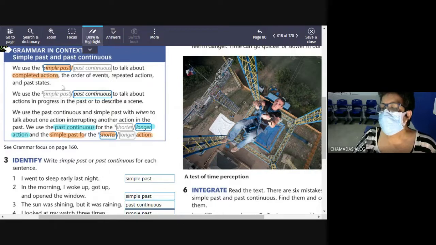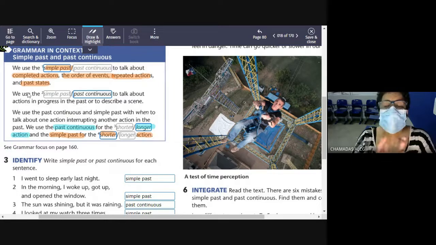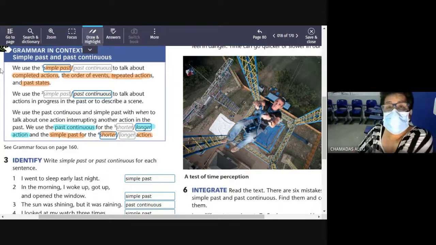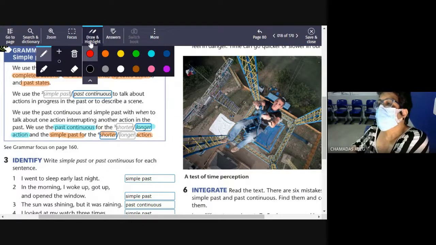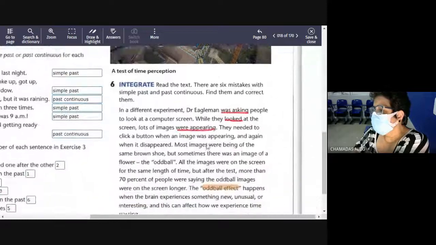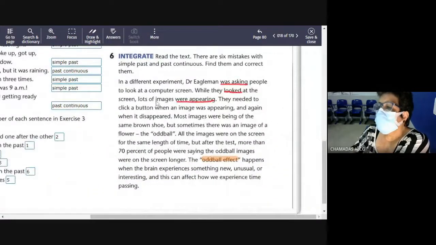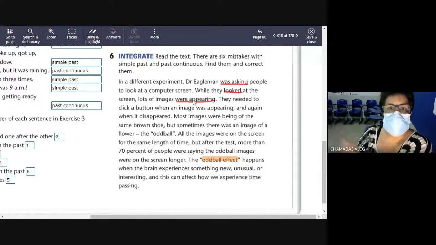Completed actions, order of events, repeated actions, and past dates. Okay, so when we talk about something that repeated itself many times, we use the simple past. Okay, so here, lots of images appeared, simple past.